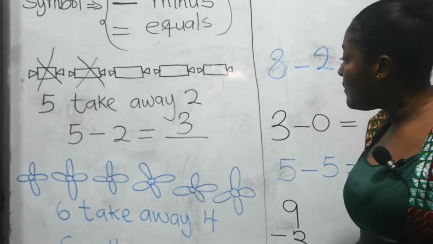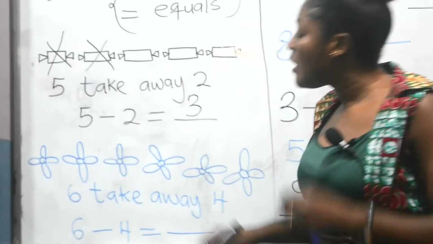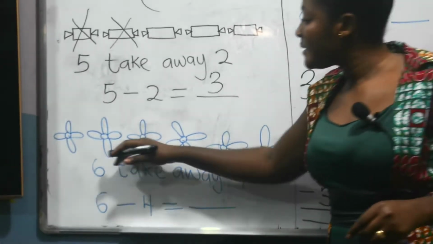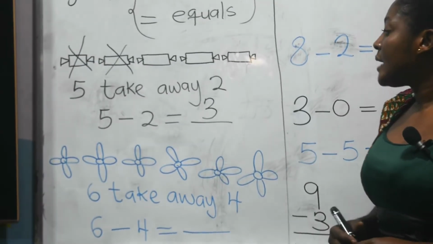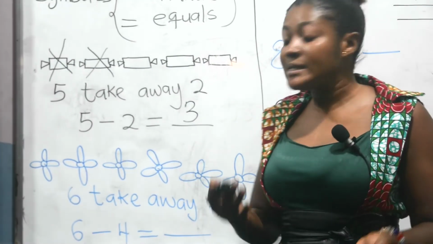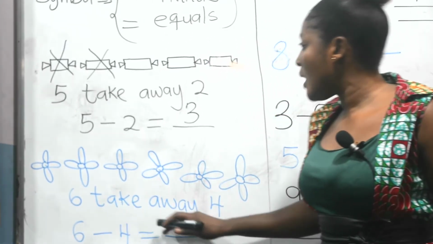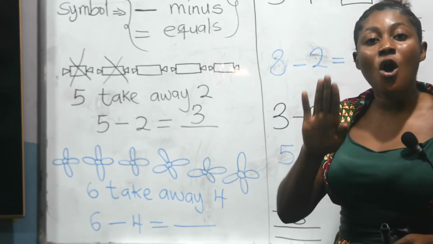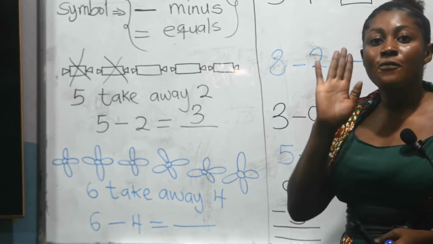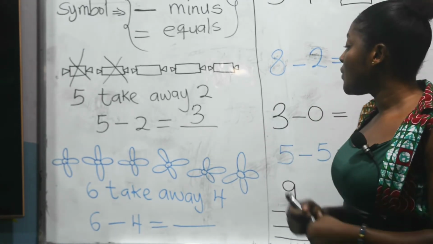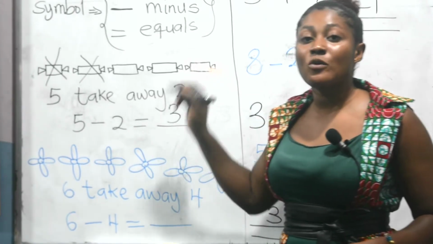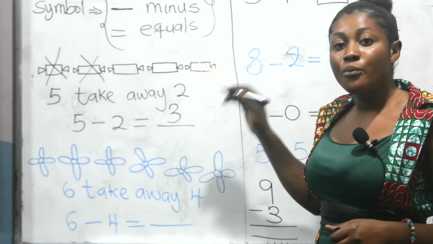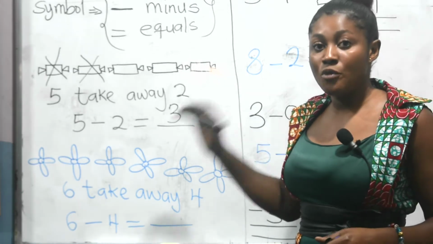I have with me 6 brooch. 6 brooch. Okay, now the question is saying that 6 take away 4. So it means you are going to take 4 from 6. 4 from 6. So we will take it away by crossing 4 brooch from the 6 brooch we have.